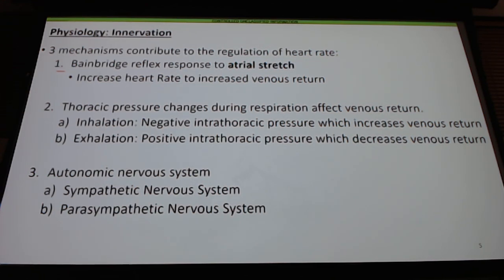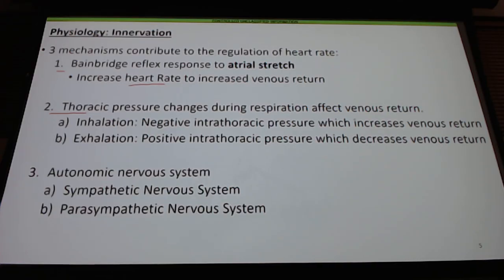So in conditions where you're having increased venous return, you're increasing that preload coming back to the atria, the heart's going to detect that atrial stretch. It's going to realize, hey, I need to work harder and get rid of this volume before it starts to affect my function. And so the Bainbridge reflex will increase that heart rate as that venous return increases.